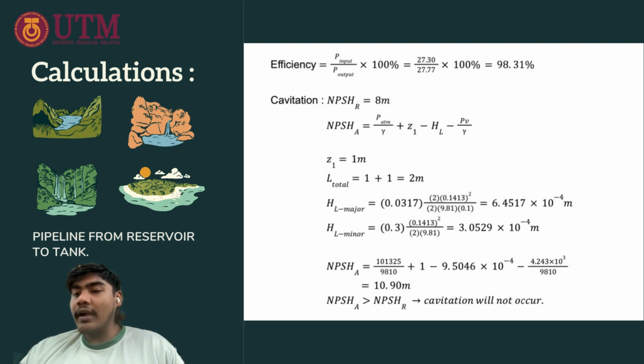Our HL major, we calculate, we got 6.4517 times 10 to the power of -4 meter. Our HL minor, after we calculate, we got 3.0529 times 10 to the power of -4 meter. So after we calculate NPSHA using the formula above, we got our NPSHA equal to 10.90 meter. So our NPSHA is more than NPSHR, so the cavitation will not occur.